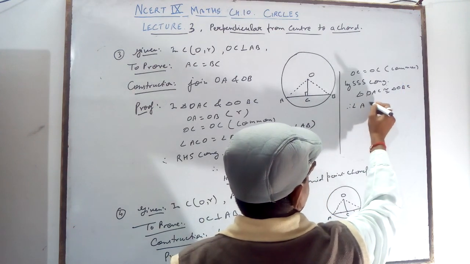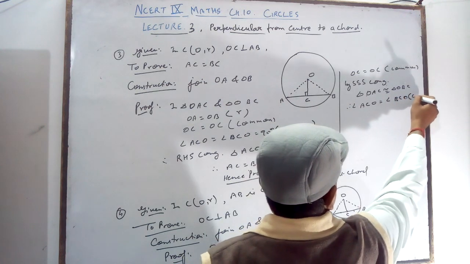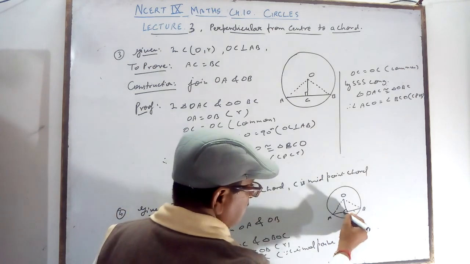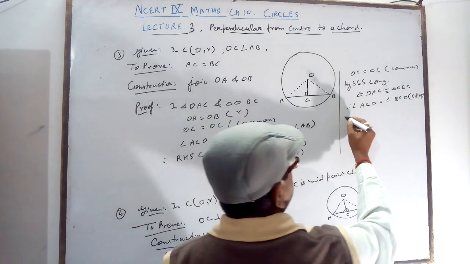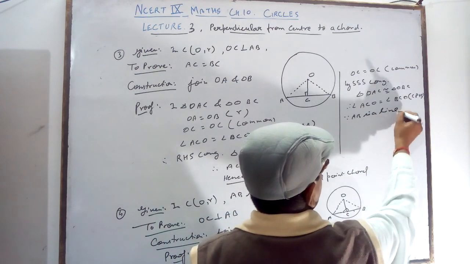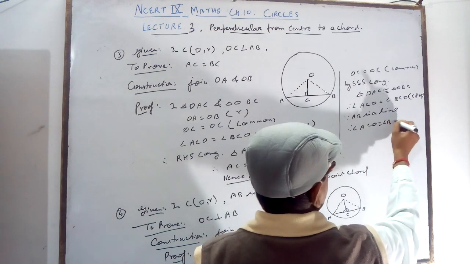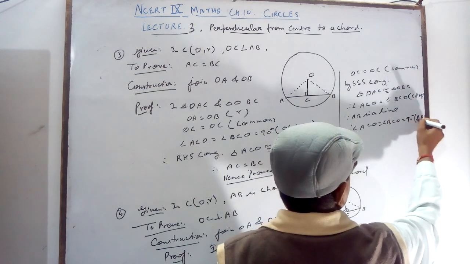So angle ACO is equal to angle BCO by CPCT. Both the angles are equal, but AB is a line. Because AB is a line, angle ACO is equal to angle BCO is equal to 90 degrees by linear pair.